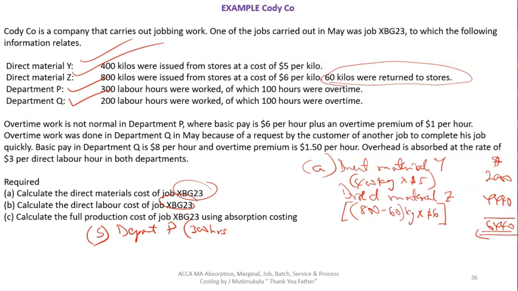How much was this overtime being paid per hour? We have to consider the basic pay. The basic pay is $6 per hour, so that's multiplied by $6, and we get $1,800.